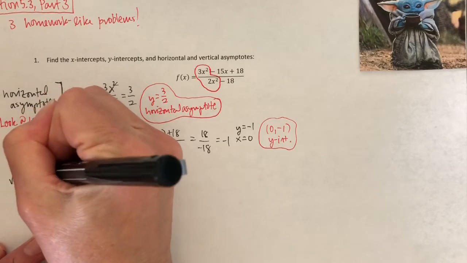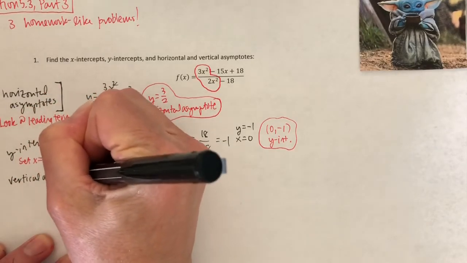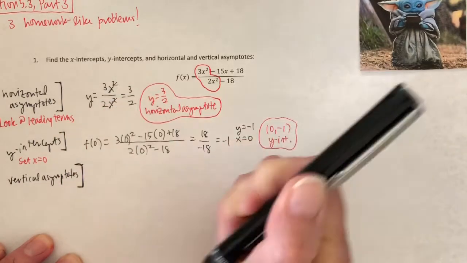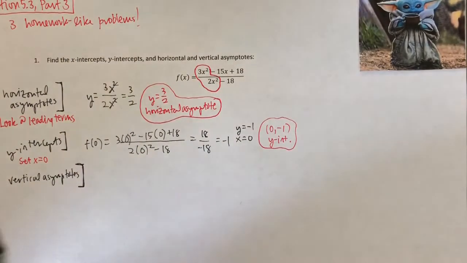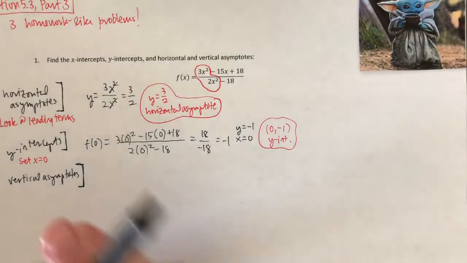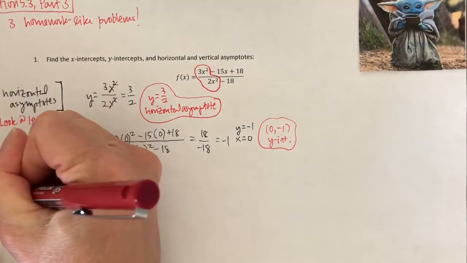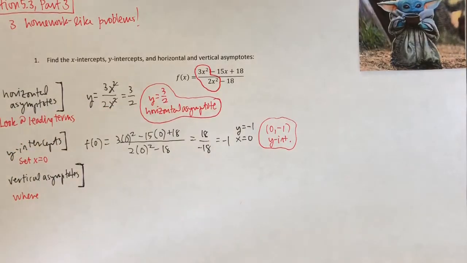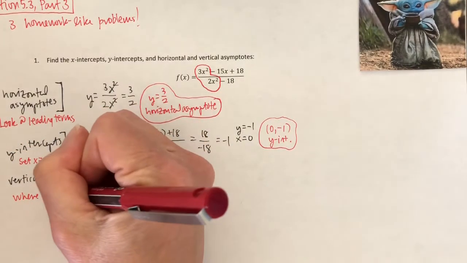Vertical asymptotes are vertical lines that the function has to totally avoid, cannot touch. And they come up when we're answering the question, where is the denominator 0?